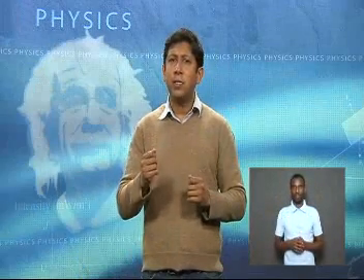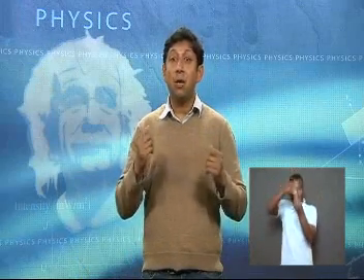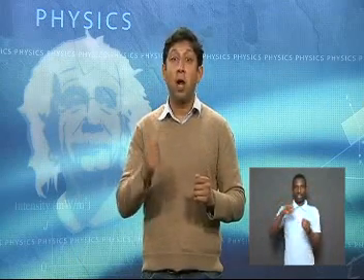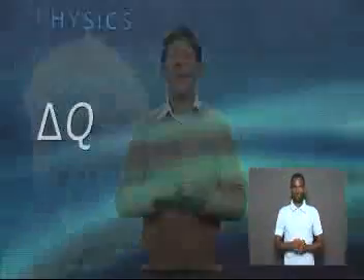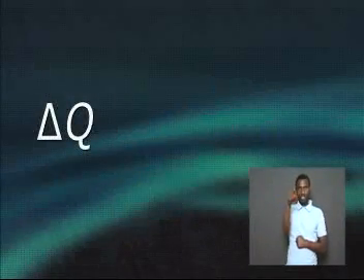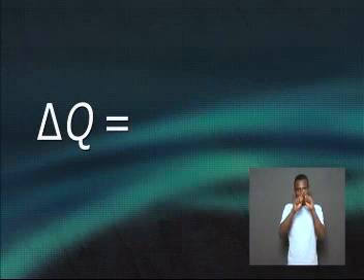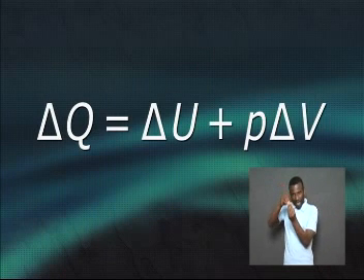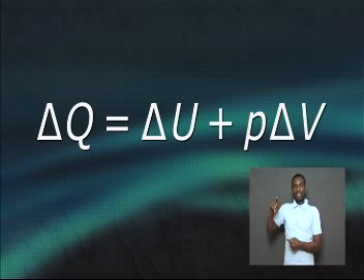How does this relate to the first law of thermodynamics? Let us try substituting what we have observed into the equation. Instead of an increase in energy being equal to energy transferred plus the work done on the system, the change in the internal energy is equal to energy transferred plus pressure times the change in volume.